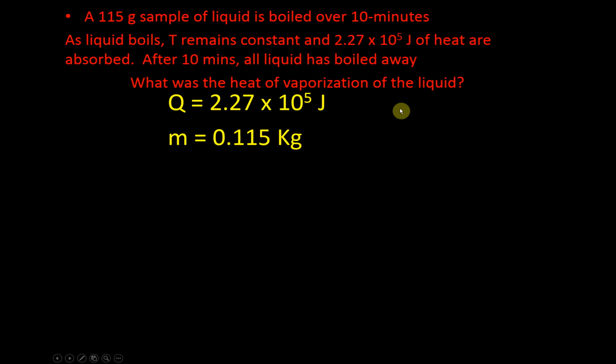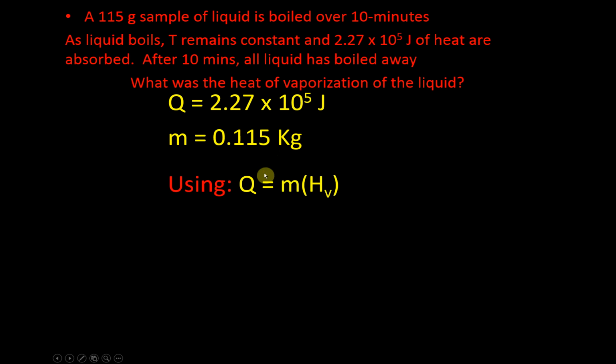What was the heat of vaporization of the liquid? Well, we've converted our mass here, which is always a good idea unless you're trying to equal up to some kind of constant given in a different value, given in different units even. So our 115 grams here is converted to kilograms and gives us 0.115 kilograms.